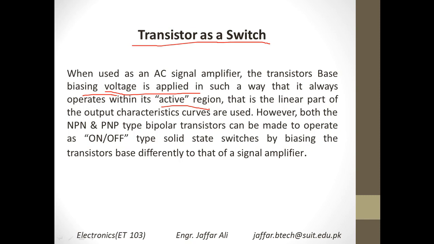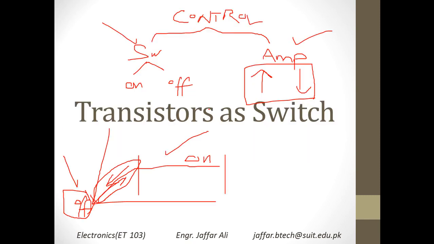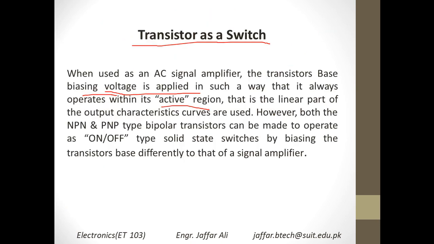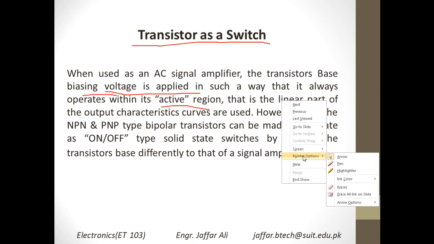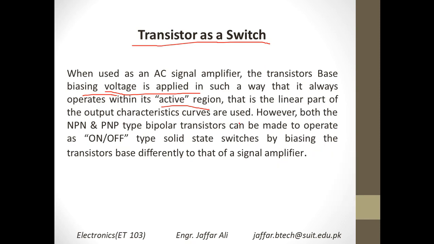That is the linear part of the output characteristic graph. I've already told you this is your output characteristic graph, and I had discussed earlier how you have to put your transistor into active mode. That is where you can use this as a switch.